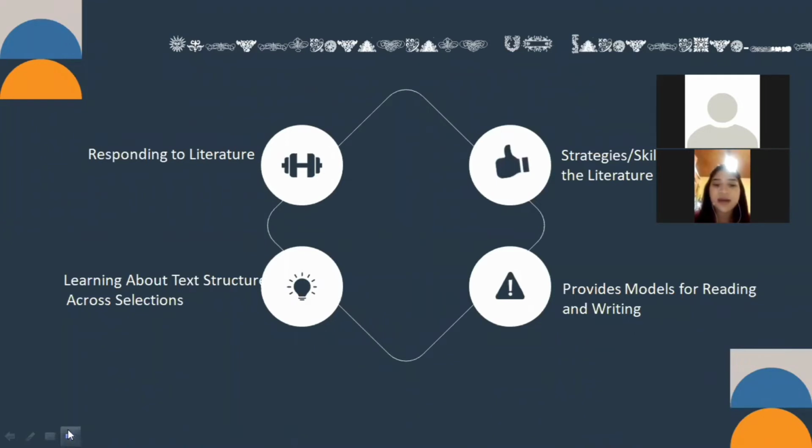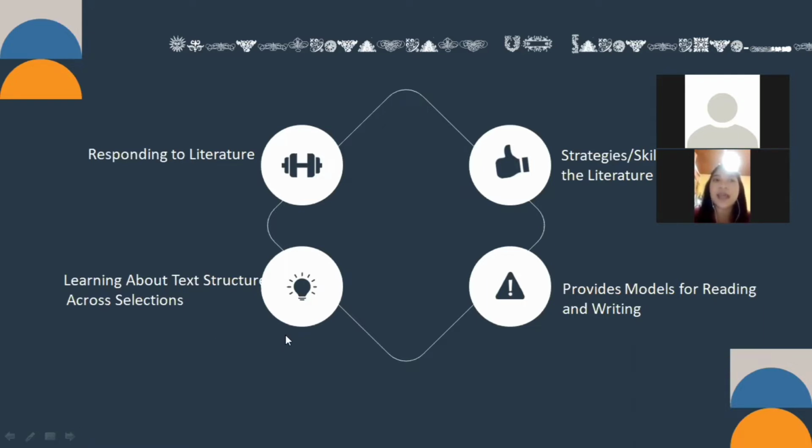The next one is the characteristics of literature-based instruction itself. The first one is responding to literature.